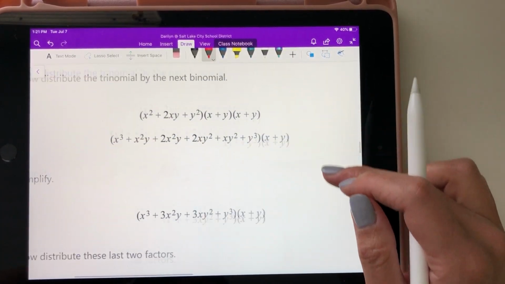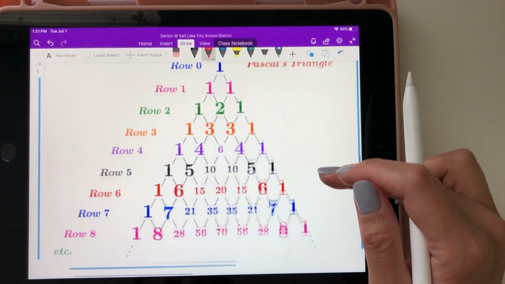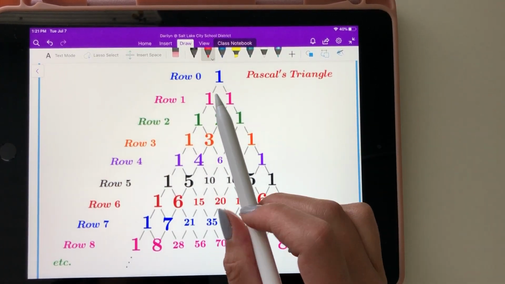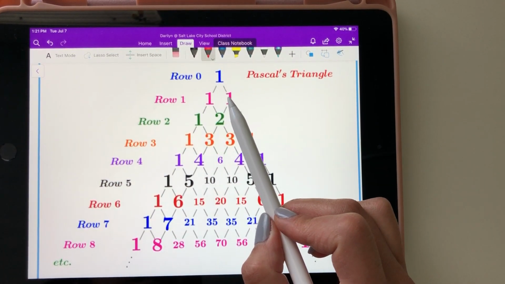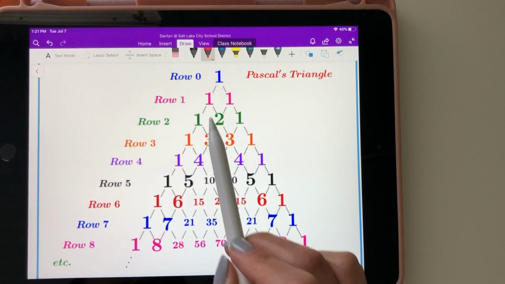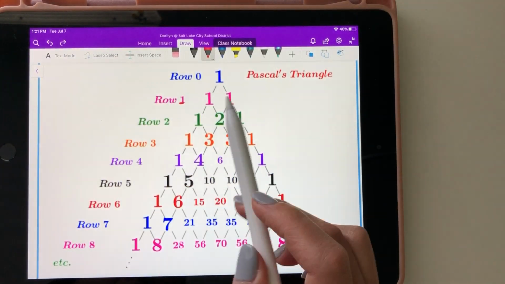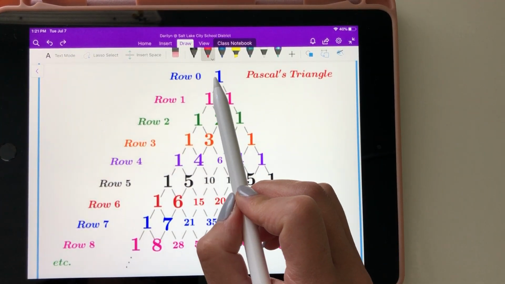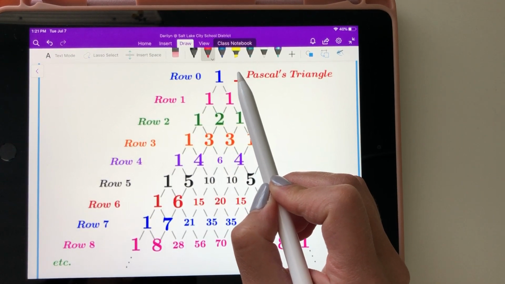Notice that in Pascal's triangle, the row number is always the second number in the row. So this is row 0 because there's a 0 here.